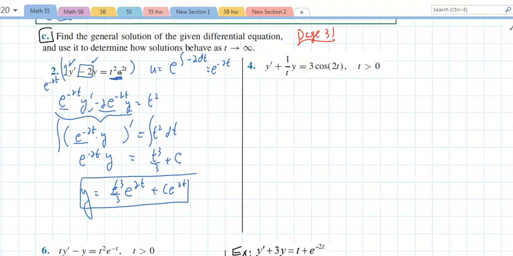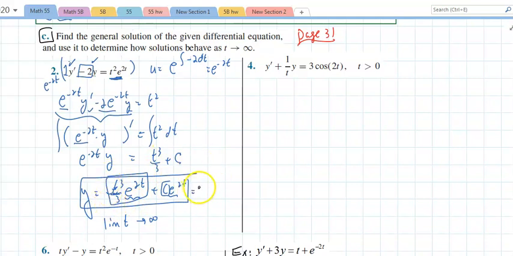Now, something that we're going to start playing with. What would happen if I take the limit as t approaches infinity? Well, this is going to approach infinity, and depending on what c is, if it's positive or negative, but those two will dominate.